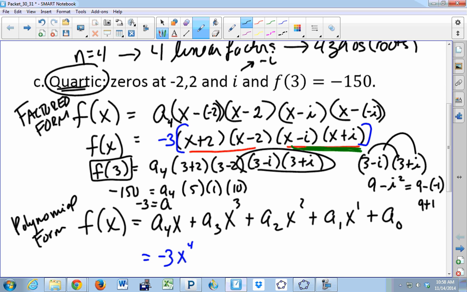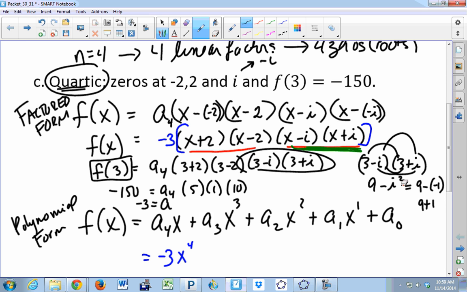Well, because these are conjugates, which means that you have exactly the same numbers in each slot except one subtraction and one's addition, your middle term and your outer term are opposites of each other. Negative 3i and positive 3i, they go to 0. So that's why I don't even have to bother with the middle term there. So I just get 3 times 3, which is 9, and negative i times i is negative i squared.